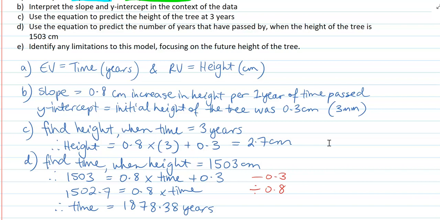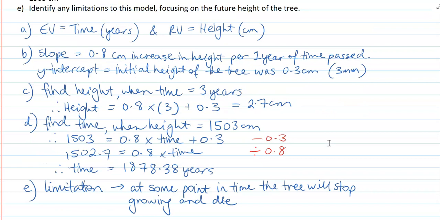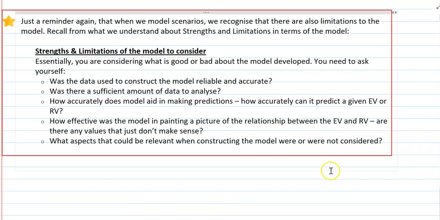So an obvious limitation to this model is it doesn't consider the fact that at some point in time, things will stop growing. I guess the other consideration for most models is that there's always limits to the values you can find because of the scenario you're representing by the model.